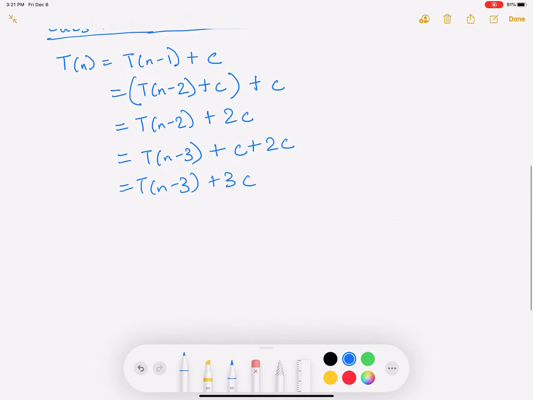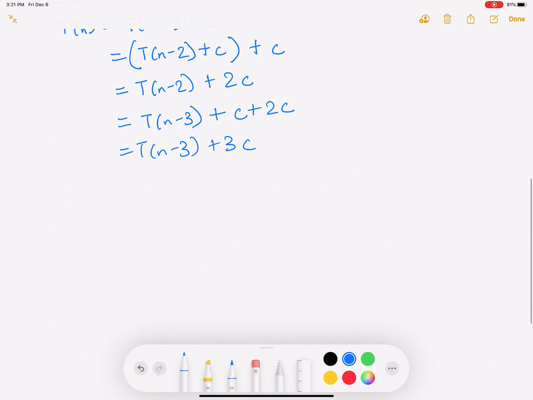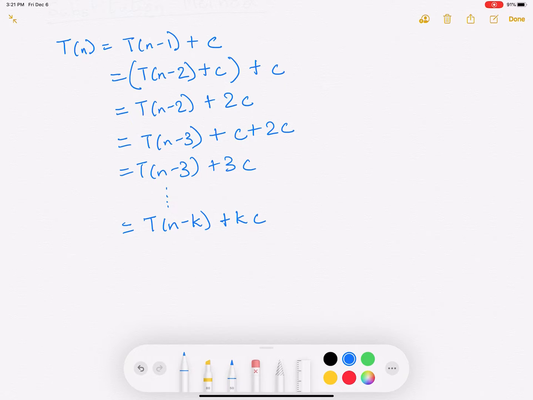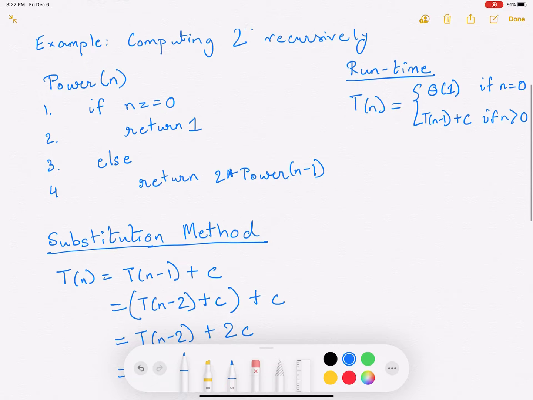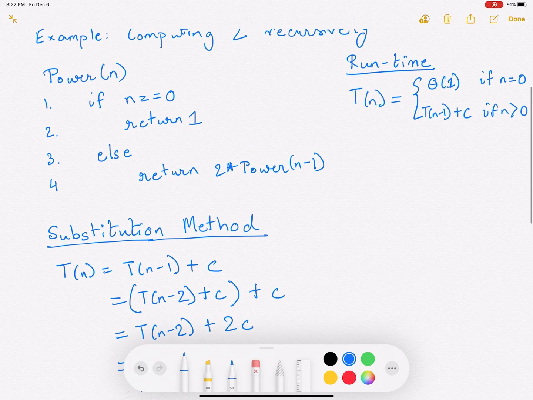In this way, if you go forward, what you will have is T(n minus k) plus kc. So T(n) will evaluate to T(n minus k) plus kc. Now if you substitute k with n, we will have T(0) plus nc. Now we know that T(0) is theta 1, which is given here.